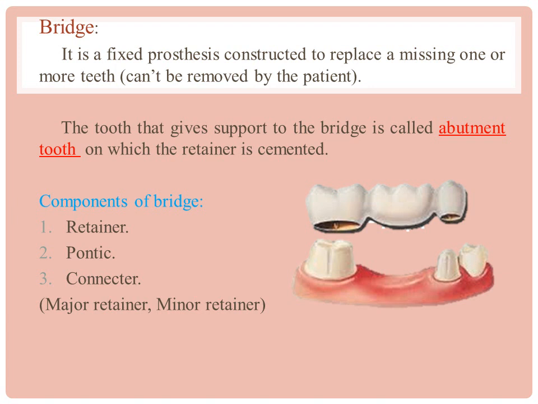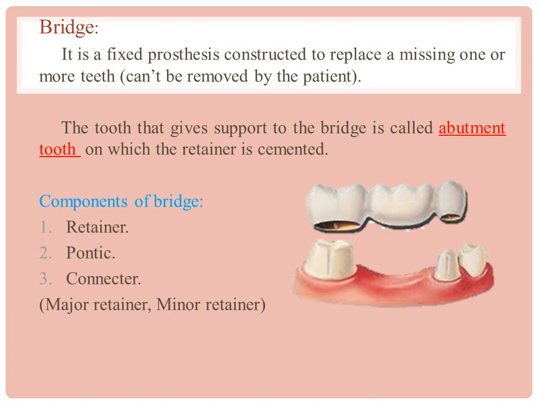The retainer is the part of the bridge that is seated over the abutment tooth, while the pontic is the suspended member of the fixed partial denture.